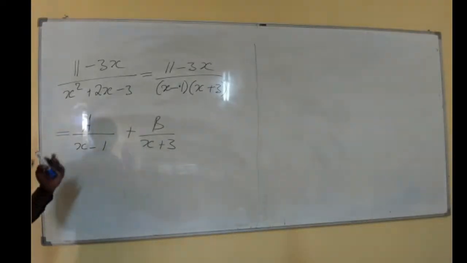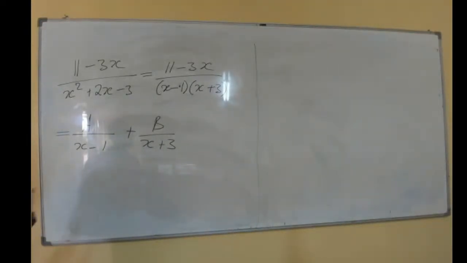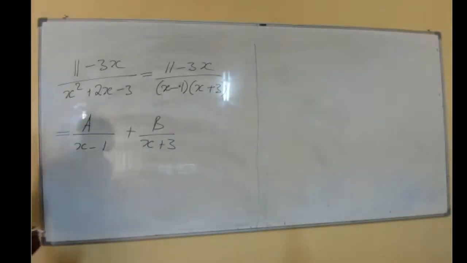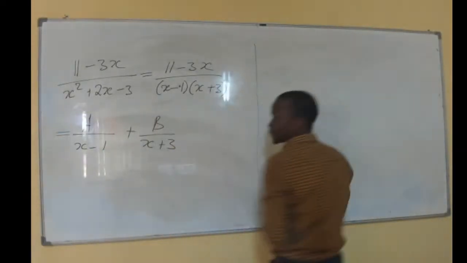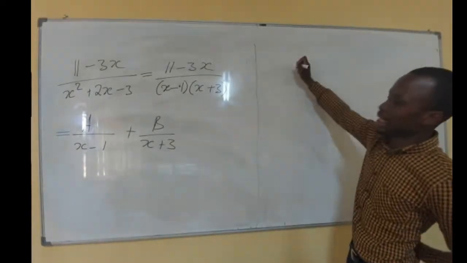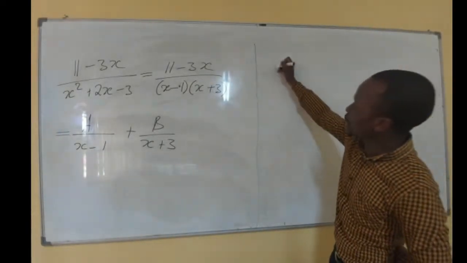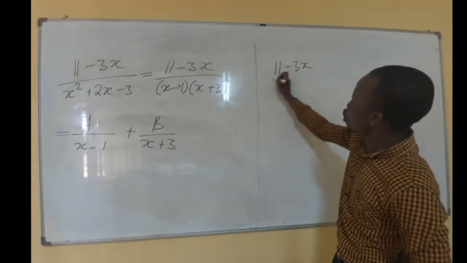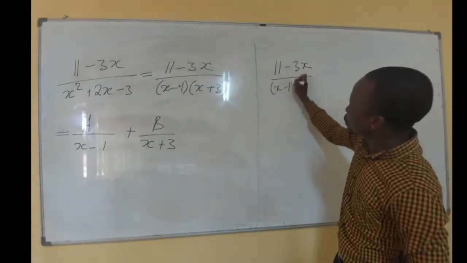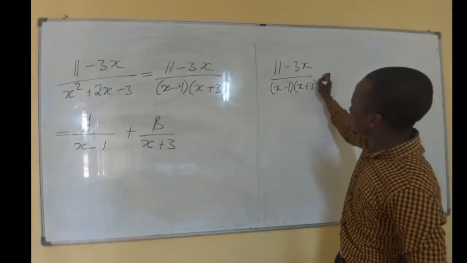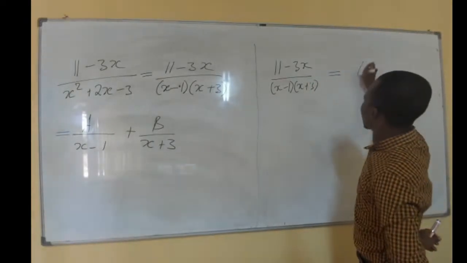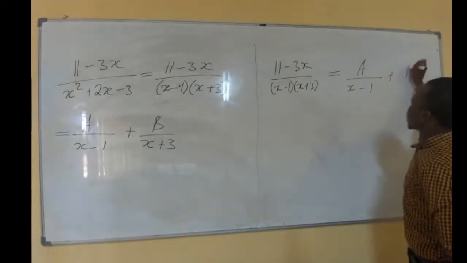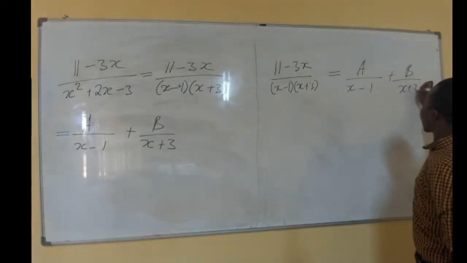The easier way you can handle this is like this. We write the expression: (11 minus 3x) over (x minus 1)(x plus 3) is equal to A divided by (x minus 1) plus B divided by (x plus 3).